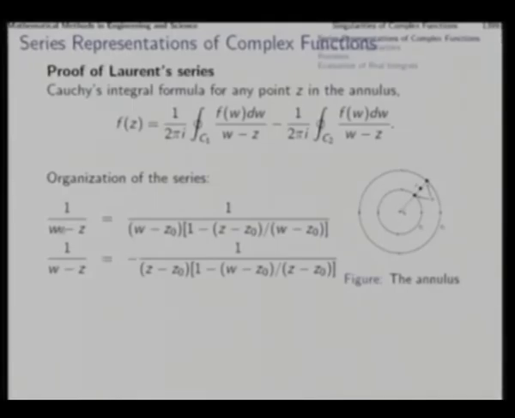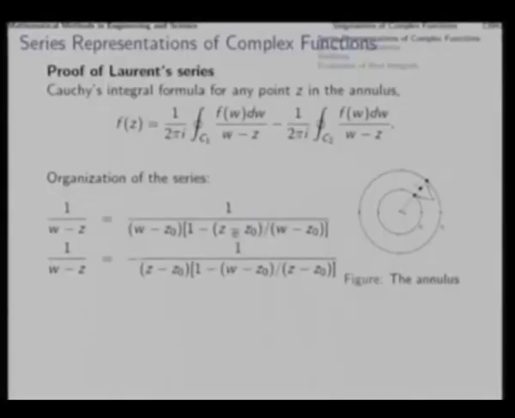So, as we write w minus z as w minus z0 minus z minus z0, then taking w minus z0 outside we will have 1 minus z minus z0 by w minus z0. Now, the magnitude of this ratio of the two complex numbers will be less than 1, because z minus z0 is smaller than w minus z0 for w lying on the outer circle. For the inner circle it will be the other way around.